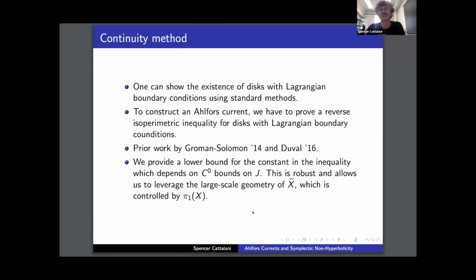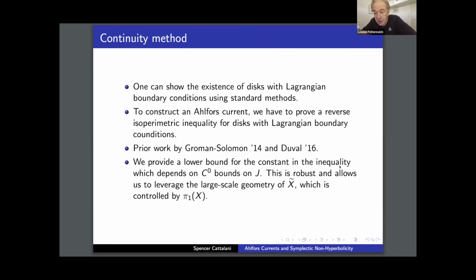In order to use this, especially at large scales, you need to be able to construct comparison surfaces to get non-trivial inequalities. So you use the Dehn function to say that at large scales in the universal cover of your manifold, you can construct pretty efficient comparison surfaces. That tells you that the areas of pseudoholomorphic curves have to be pretty small, and then they act like minimal surfaces, and you get this monotonicity formula.